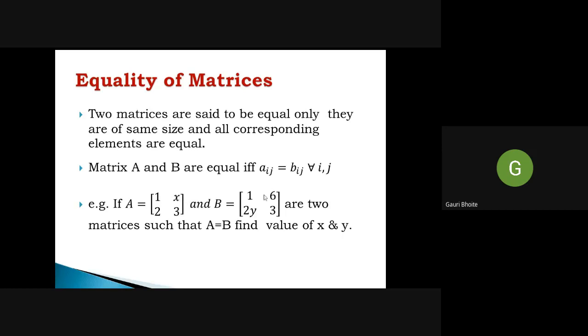A12 is x, B12 is 6, so x must be equal to 6, then only these two matrices are the same. Then A21 is 2 and B21 is 2y, so 2y must be 2 and y must be 1. Then A22 and B22 are the same. So if these two matrices are the same, x must be 6 and y must be equal to 1.